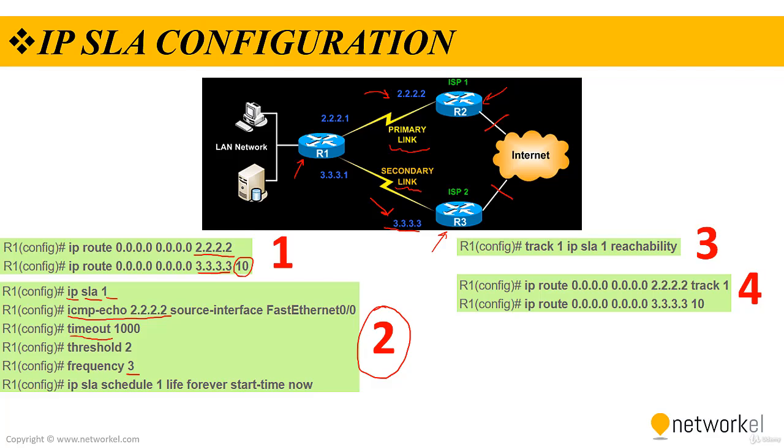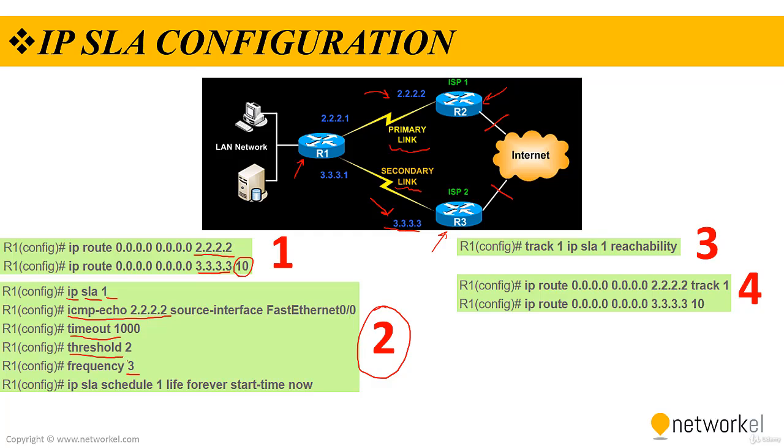So we also have a timeout parameter in here. Timeout sets the amount of time in milliseconds for which the Cisco IOS IP SLA operation waits for a response from its request packet. So also we have a threshold defined in here.